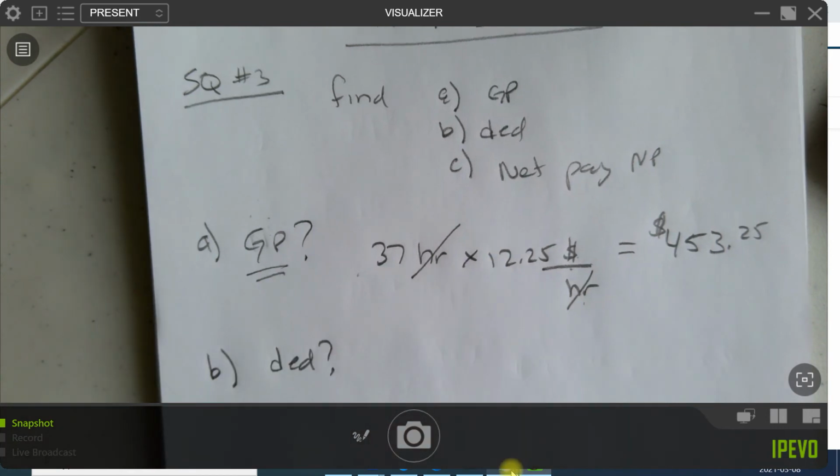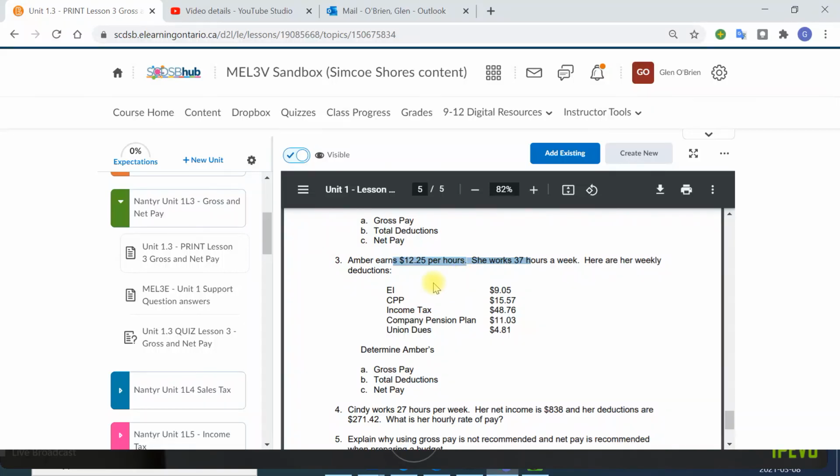So let's go back and add them all up. Here they all are. So what do we have? You have EI, so that's $9.05 plus $15.57 plus $48.76 plus $11.03 plus $4.81.